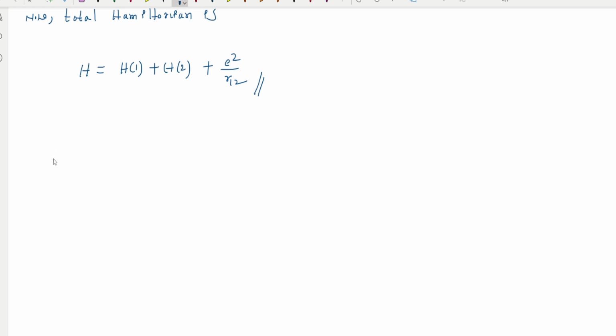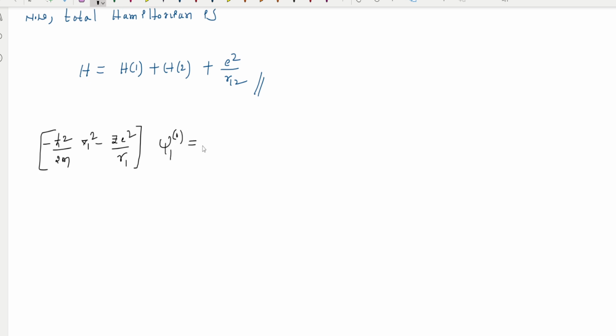Okay, so this is the Schrodinger wave equation. The simple solution: minus h cross square divided by 2m del 1 square minus the potential. The Schrodinger equation we know, right? H psi equal to E psi. This is H. The wave function psi of r.